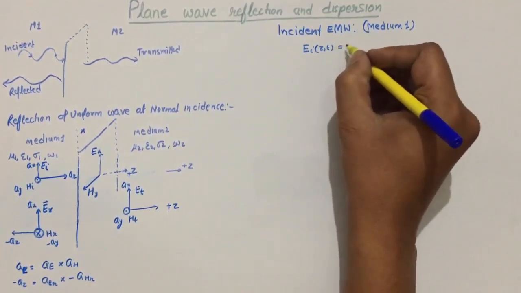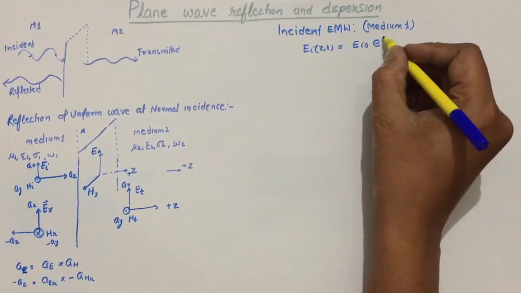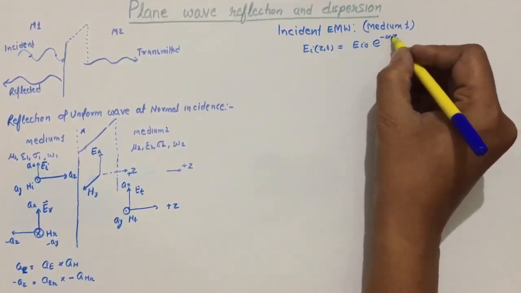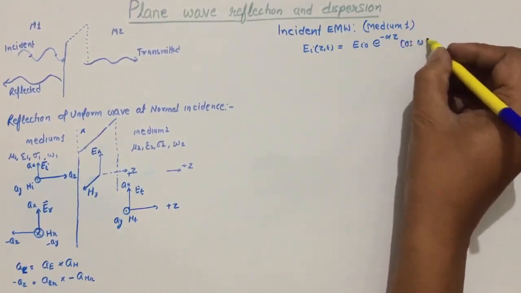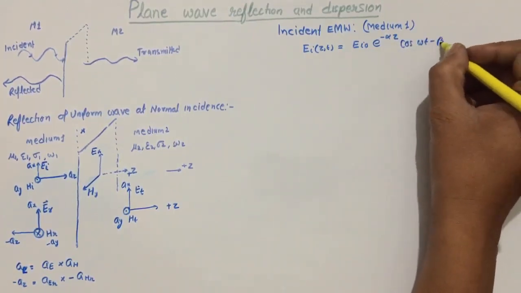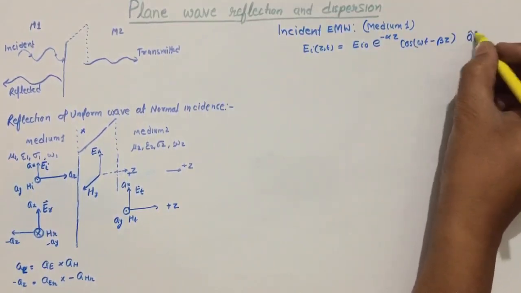We know the formula of E_i(z,t), we are familiar with this very well. E_i = E_i0 e^(-alpha z) cos(omega t minus beta z) in the direction of ax, when propagation is in the plus z direction.